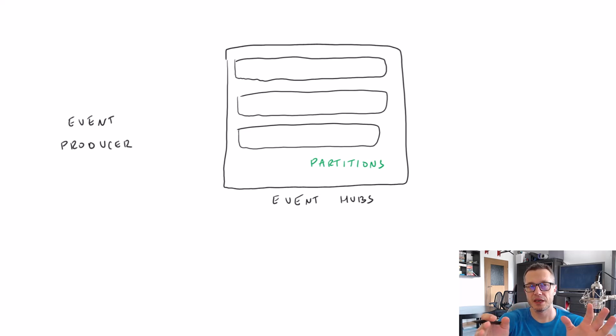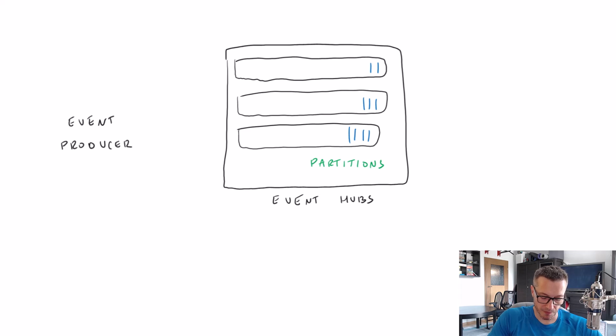And partitions are simply separate, let's call them queues, to which various events would be stored. So how is the data split into those partitions? Basically, when the event producer is sending data to Event Hubs, it might indicate, hey, please partition the data based on some column.